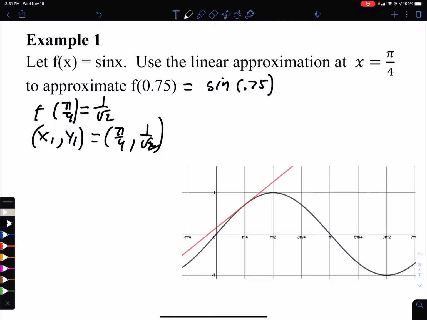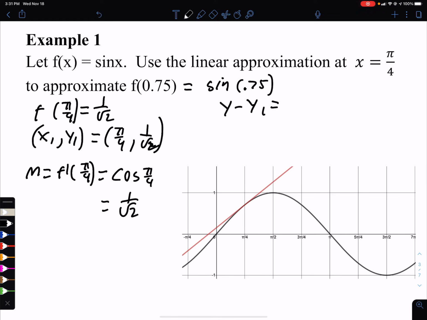Okay? Let's find the slope. The slope is going to be the derivative at pi over 4. Well, what's the derivative of sine? That's easy. That's cosine of pi over 4. And that's also 1 over radical 2. Okay? So we are ready to get the equation of our line.